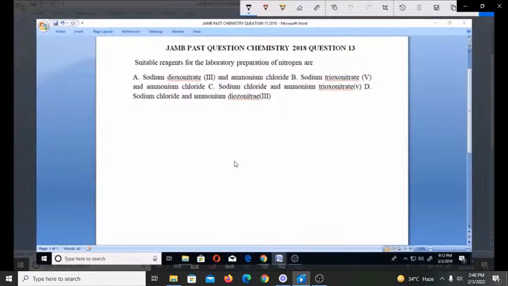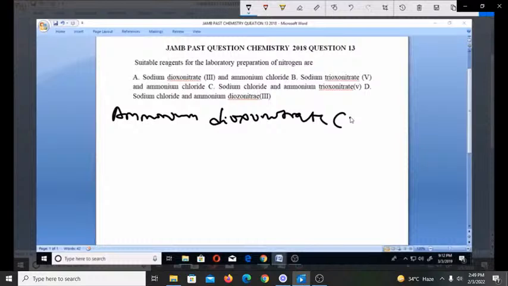Now, if you check the chemistry textbook under nitrogen and its compounds, you will note that the laboratory preparation of nitrogen is actually from ammonium dioxonitrate 3.